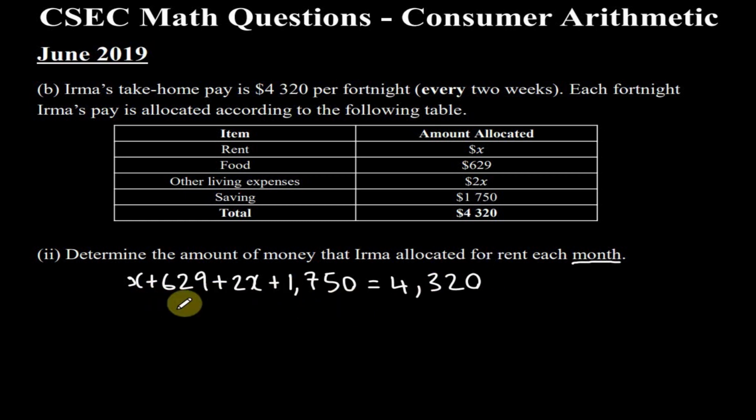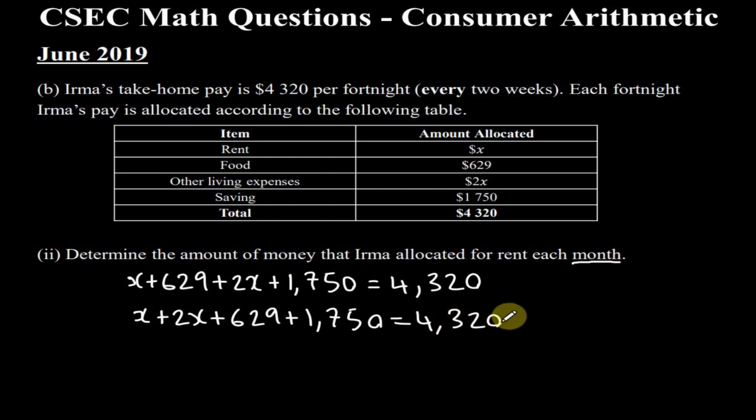So the next step is to group like terms. So we'll group the x's together. So I'll have x plus 2x, and I'll have 629 plus 1,750, and this is equal to 4,320.